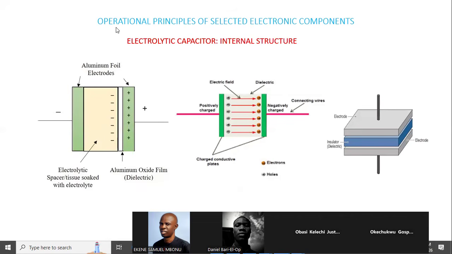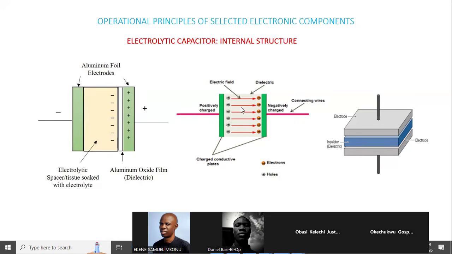So this is the internal structure of a capacitor. You see the negative terminal, the positive terminal. In between them, you have your dielectric. Okay. The same thing happens.